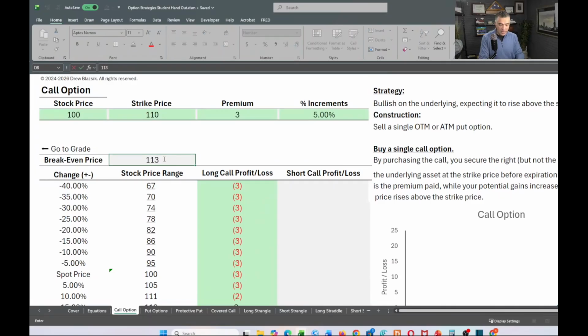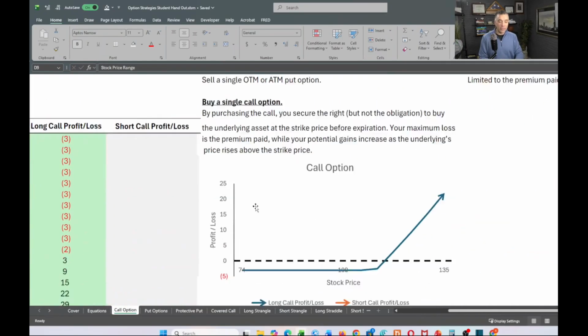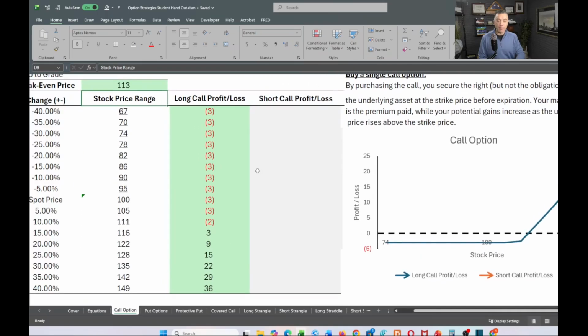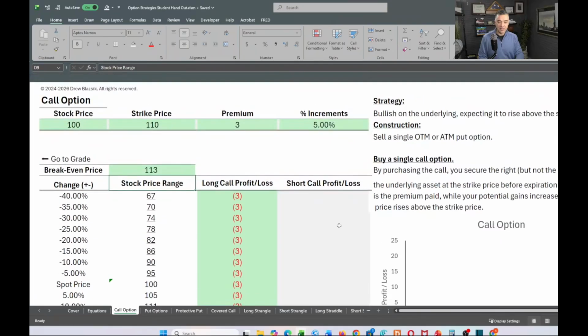What stock price would I break even at? It's 113. So right there is right about 113. And then if it's 114, I made $1. 115, I made $2. 116, I made $3, right? And it goes up from there. So this is what the buyer's profit and loss looks like for the contract here.